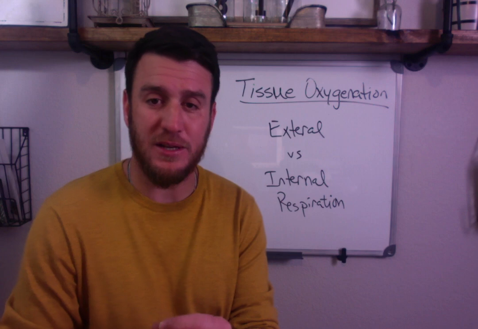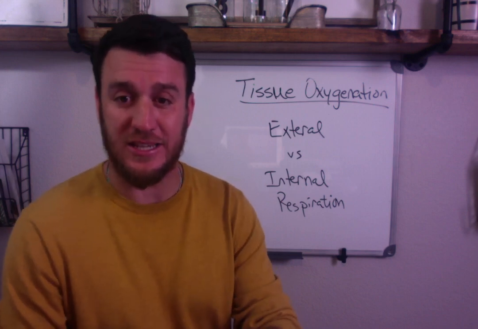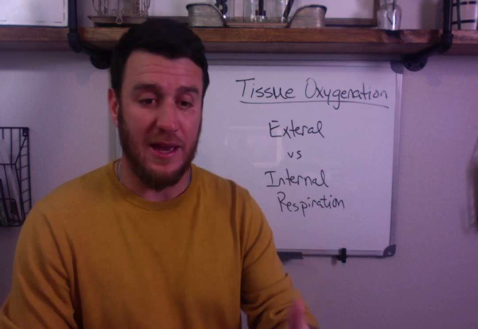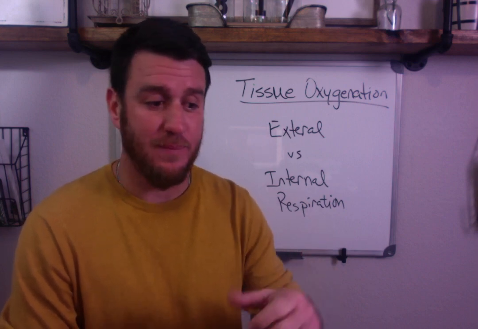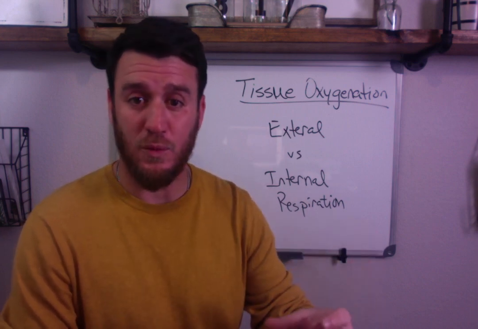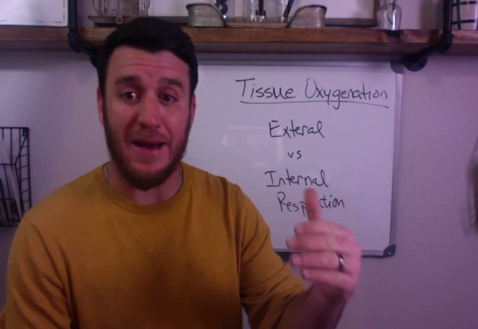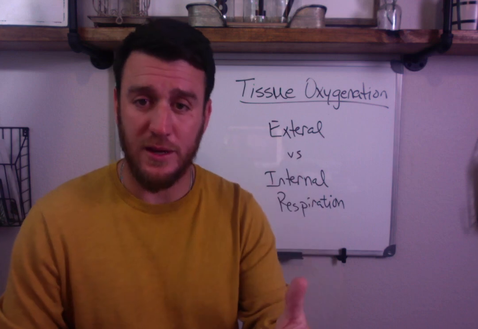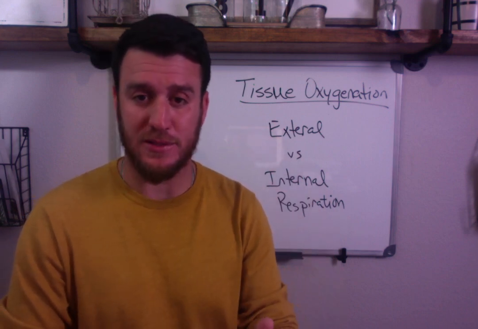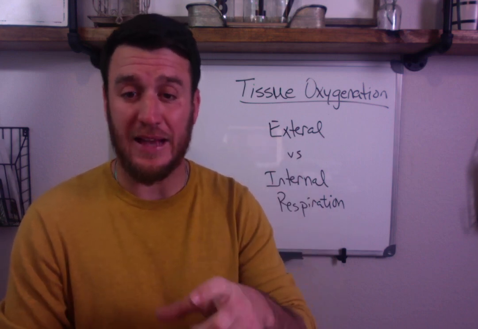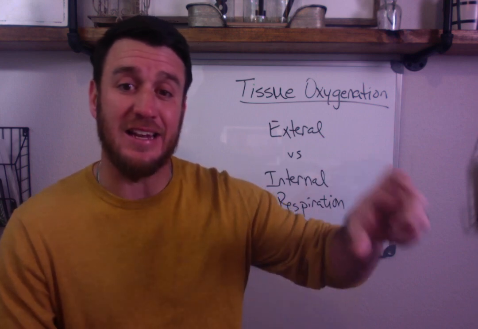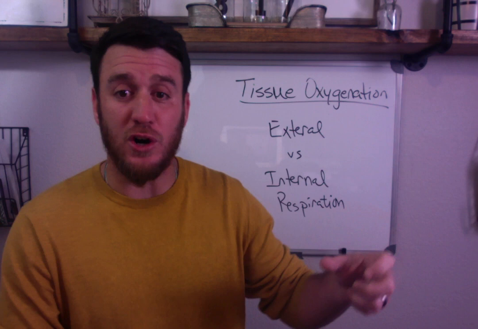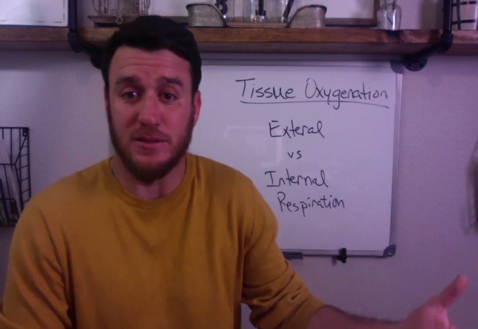And this is key because you have to understand that gas exchange happens at two points in the body. It happens, one, at the alveolar capillary membrane, where the alveoli meet the pulmonary capillaries. That's one place where gas exchange happens. But then there's also gas exchange that happens at the level of the tissues, which is a result of metabolism.